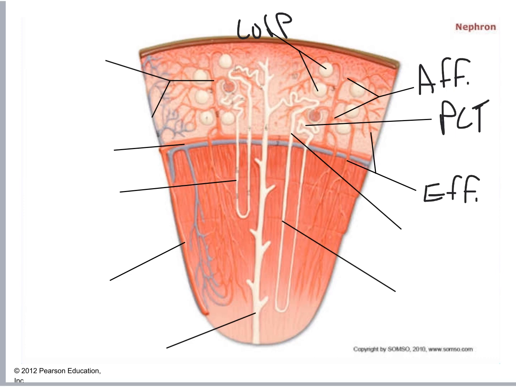So those are the efferent arterioles. The next line is pointing to the distal convoluted tubule. This is a tubule that's furthest away from the renal corpuscle, and this is one that attaches to the collecting duct. The next line is pointing to the ascending limb of the nephron loop.